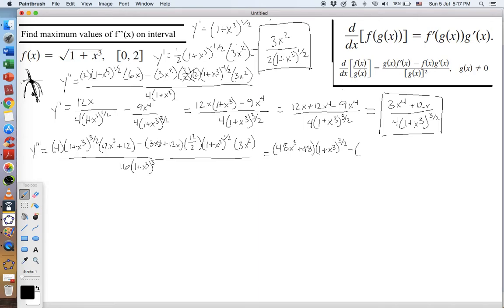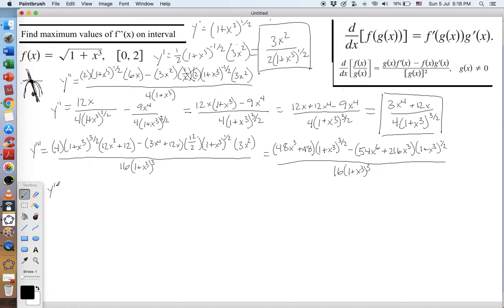We've got 3x to the 4th times 6. 3 times 6 is 18. 18 times 3 is 54. x to the 4th times x squared is x to the 6th, plus 12x times 6. 12 times 6 is 72. 72 times 3 is 216x cubed, and we're going to multiply that by 1 plus x cubed raised to the power of 1 half, and we'll keep our denominator the same at 16 times 1 plus x cubed raised to the power of 3.